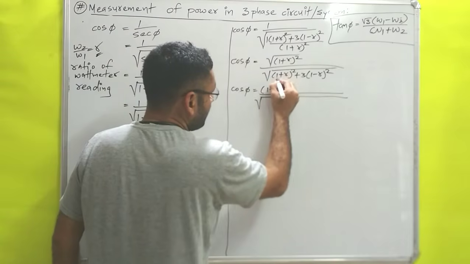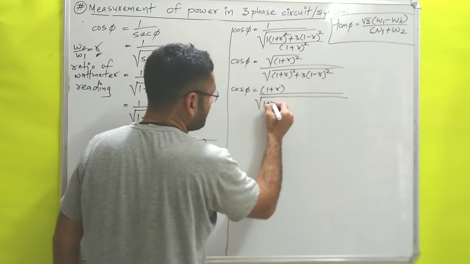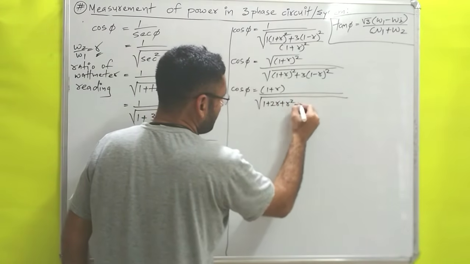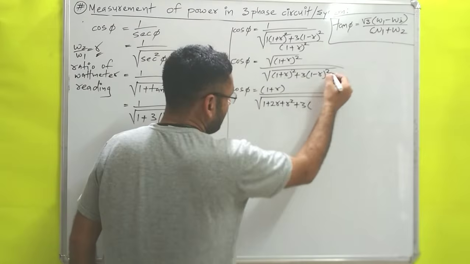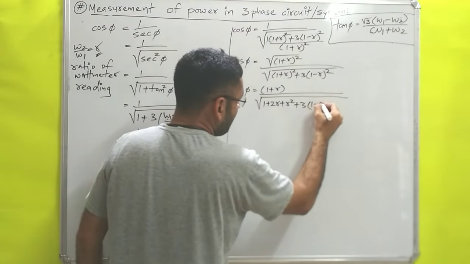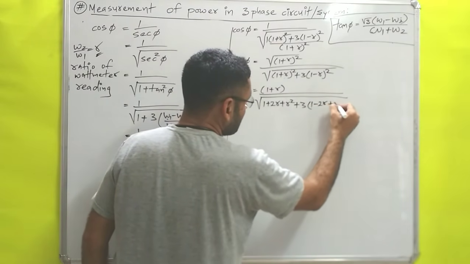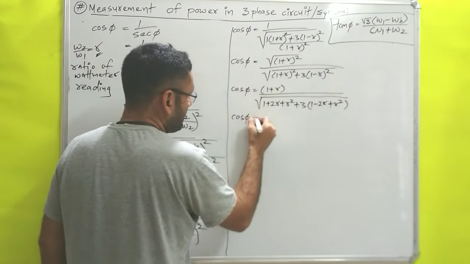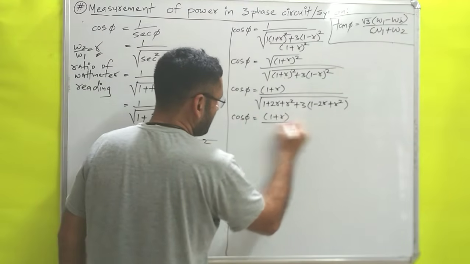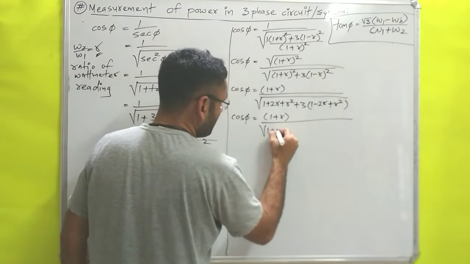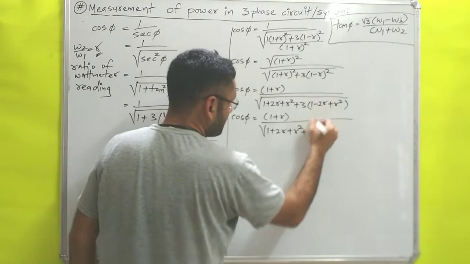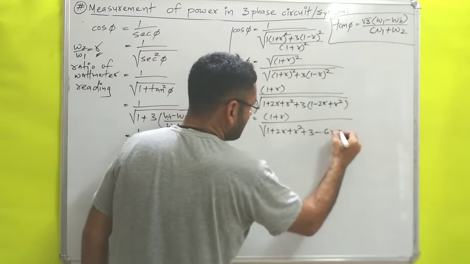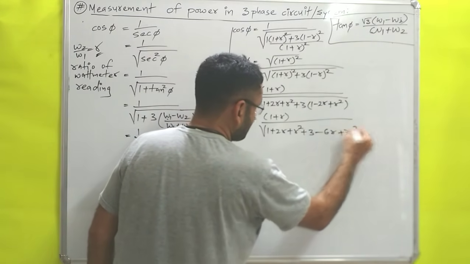So cos phi equals 1 plus r only over here. That will be the expansion of (a plus b) square, so a square plus 2ab plus b square, plus 3 times the expansion of (a minus b) whole square, so a square minus 2ab plus b square. Next, cos phi equals 1 plus r divided by the square root of 1 plus 2r plus r square plus 3 minus 6r plus 3r square.